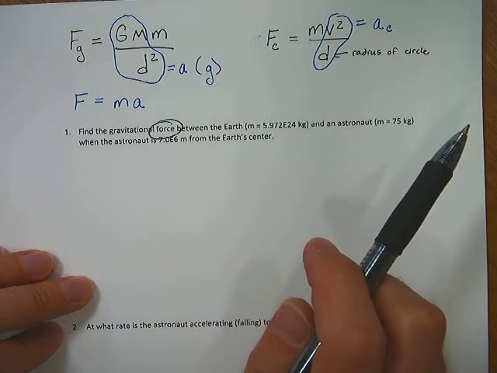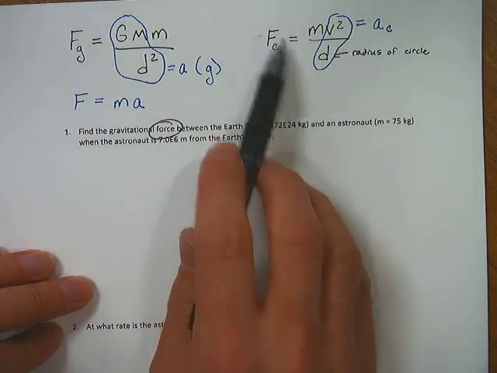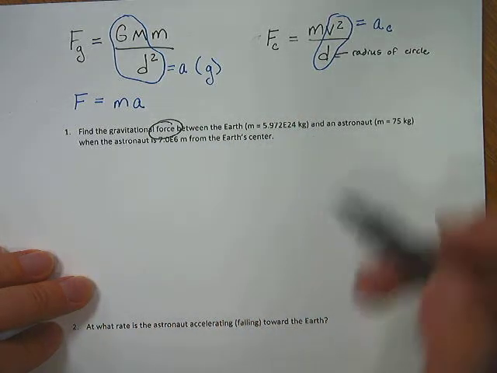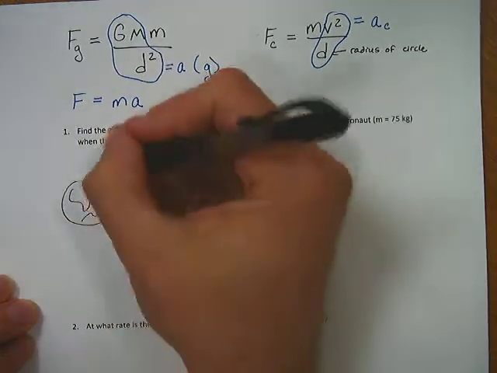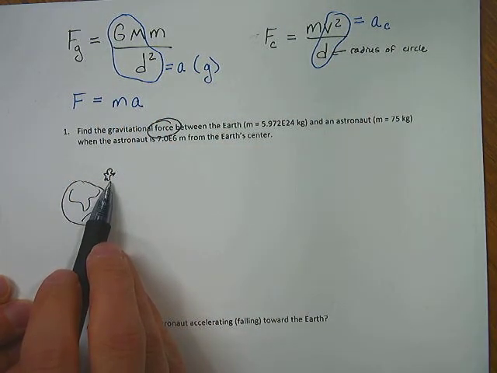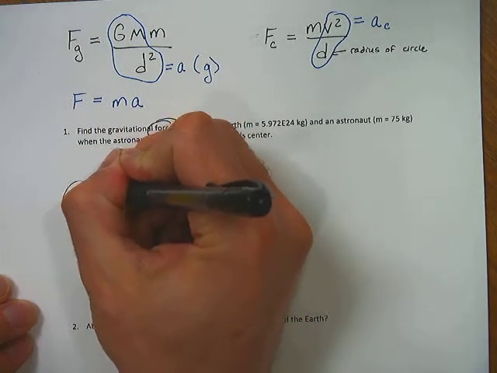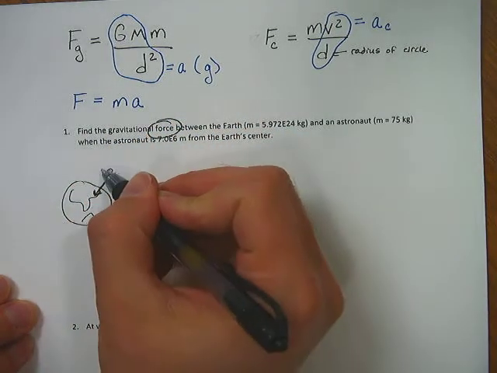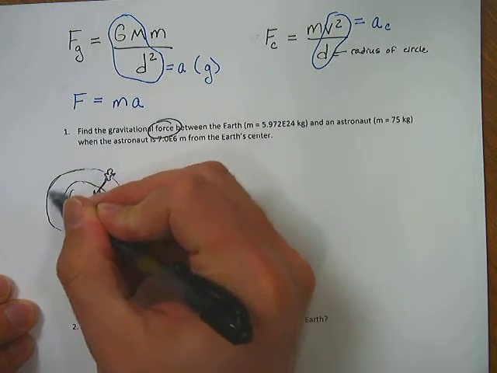We have two equations for force. We can use Fg or Fc. Which one is appropriate? So we say, okay, am I finding force of gravity or the force towards the center of a circular path? It turns out it's both. Because if we have a planet here and a little astronaut here, this astronaut is being pulled towards the planet, okay?